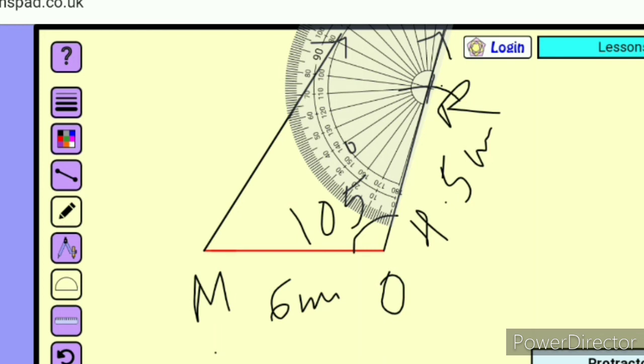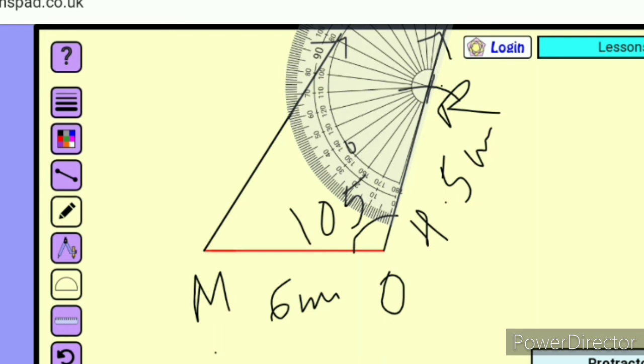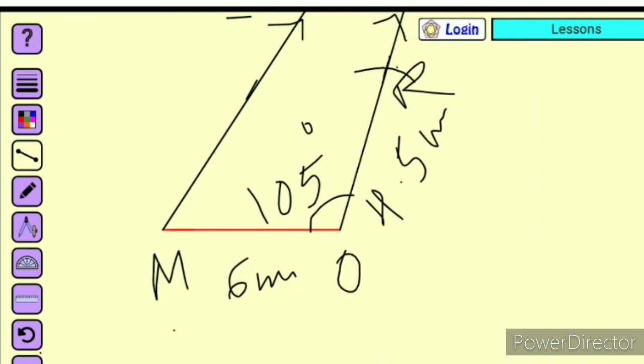Here it is, that 105 degree is outside the frame. I am just marking as much as possible, that measure only I am taking. I am marking here. Draw a ray from R.